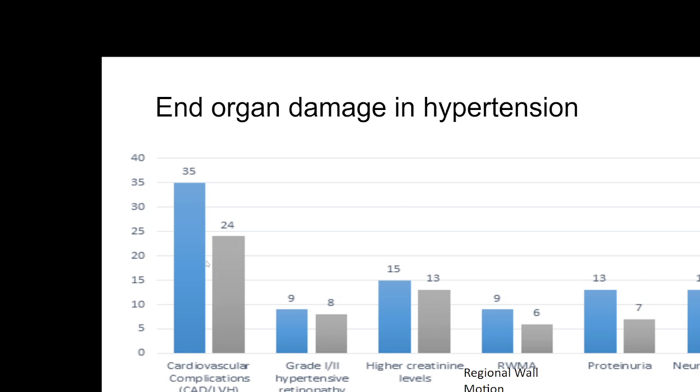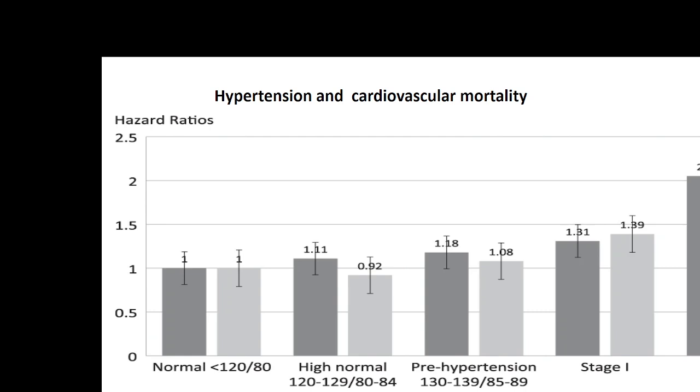The majority of the people would have cardiovascular complications like coronary artery disease or left ventricular hypertrophy. Left ventricular hypertrophy is the earliest change produced due to increased circulatory pressure. And cardiovascular mortality also is higher in a person who has hypertension.